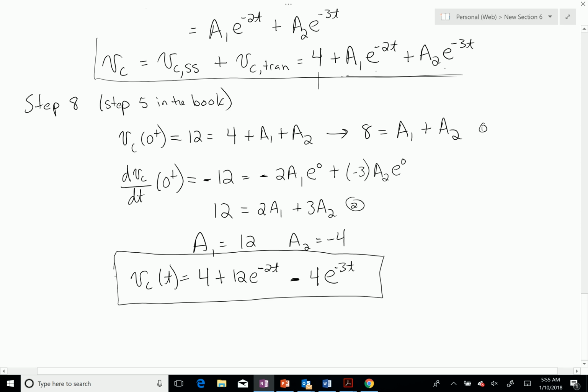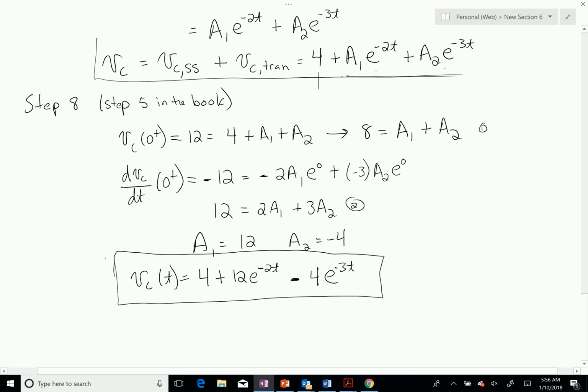Now, if I just do a quick check on some things here, I should be able to see some important factors from all of this. Clearly, the final value of the voltage is 4 volts.